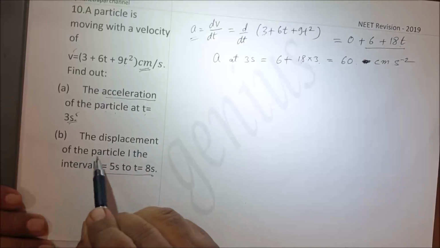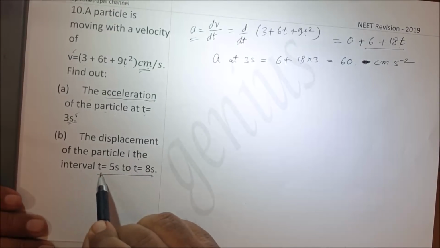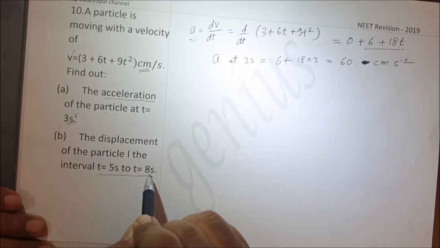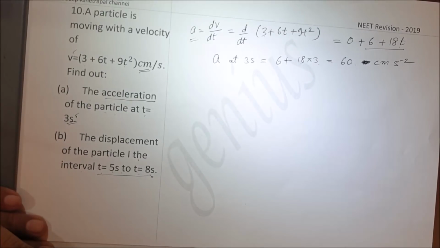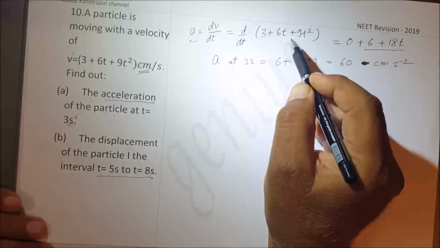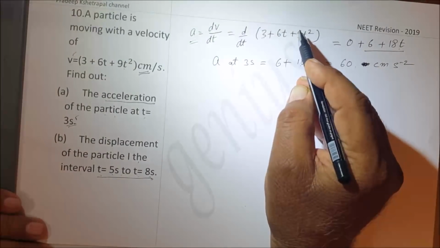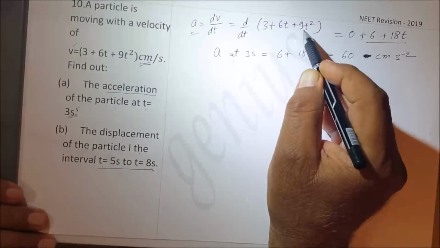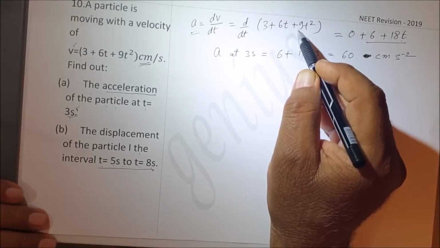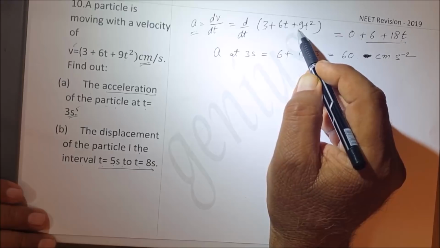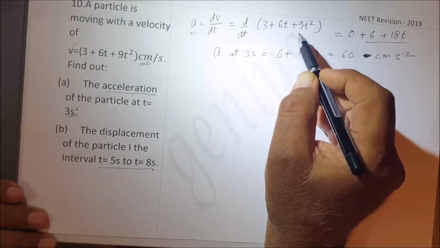Then displacement of the particle between the interval 5 seconds to 8 seconds. Now we have to find the displacement, so we must have the relation of displacement.